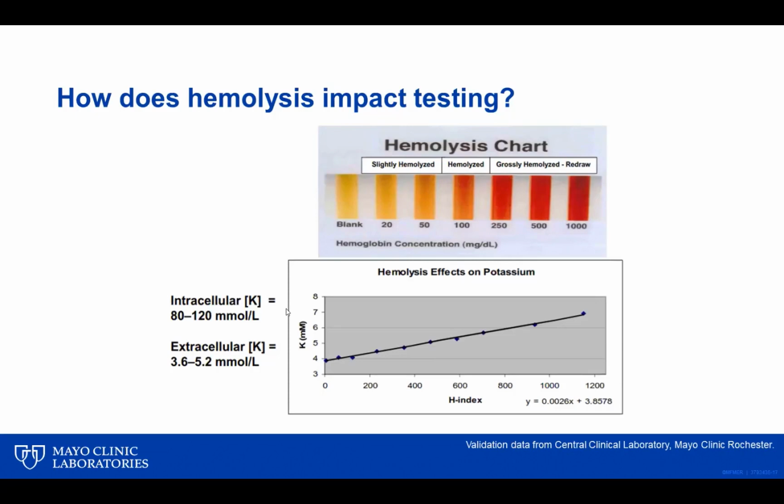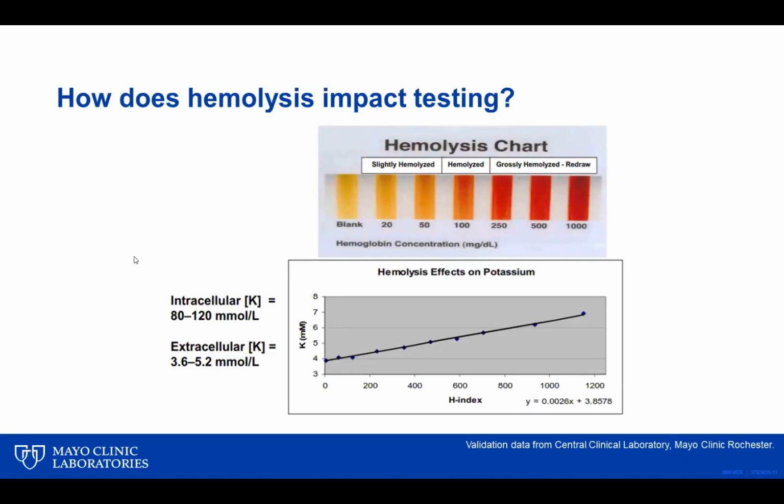This graph shows the relationship between the hemolysis index and the concentration of potassium in a hemolysate spiking experiment. In our laboratory, we use a hemolysis index comparable to about 100 milligrams per deciliter hemoglobin as the rejection threshold for potassium. Samples with this extent of hemolysis would then be recollected.